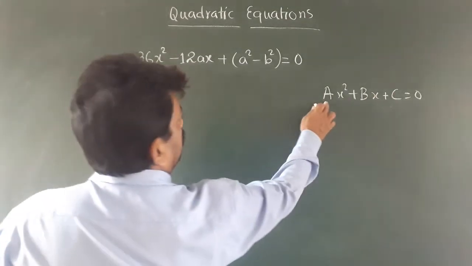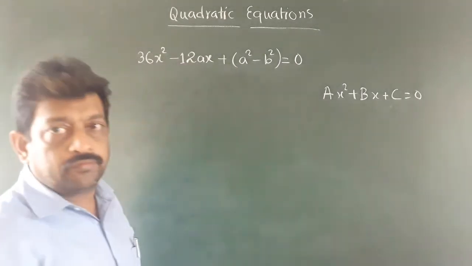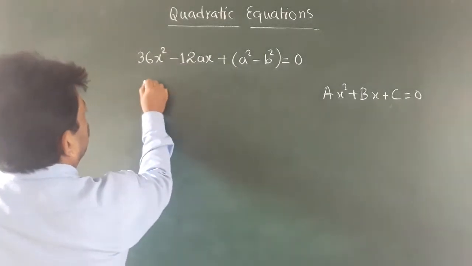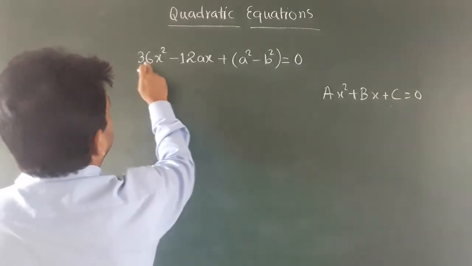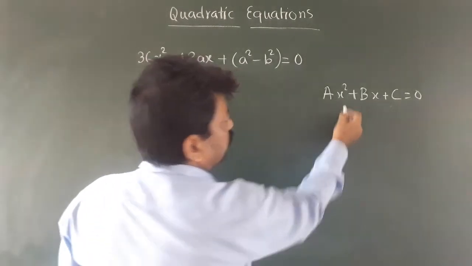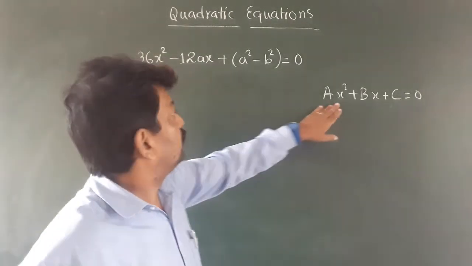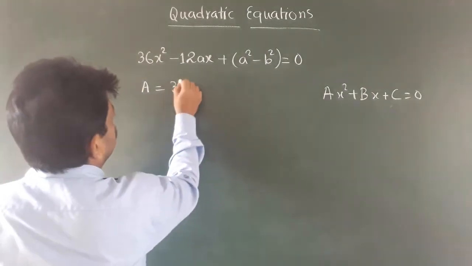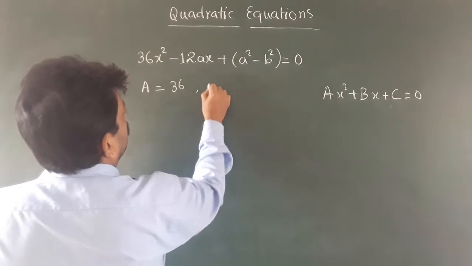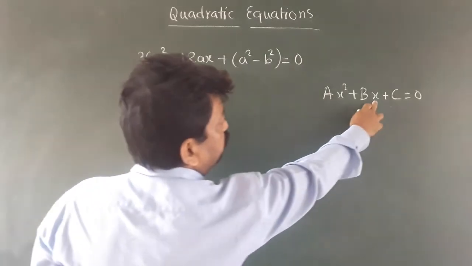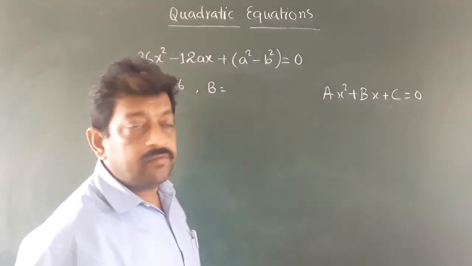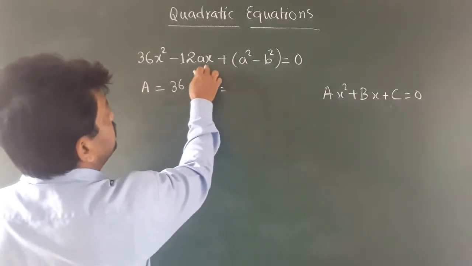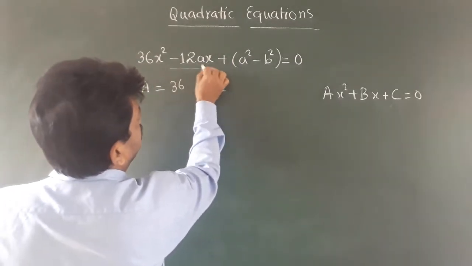Now if we compare these two, then A, what is A? A is the coefficient of x square, and here the coefficient of x square is 36. So A is 36. B, the coefficient of x is B. Here the coefficient of x is minus 12a.